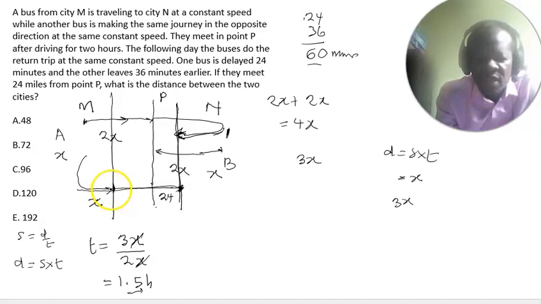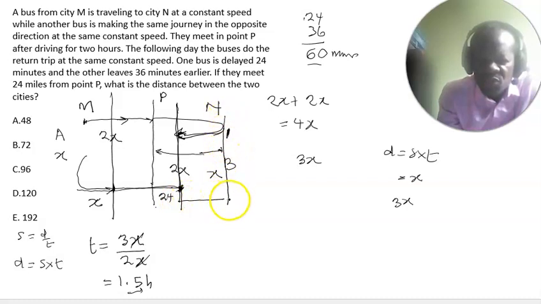So that means at 1.5 hours, after B has traveled for 1 hour, A and B will meet at a point 24 miles from P. So now all we need to do is to calculate the distance covered by A during this journey. This is the distance covered by A from this point to this point.